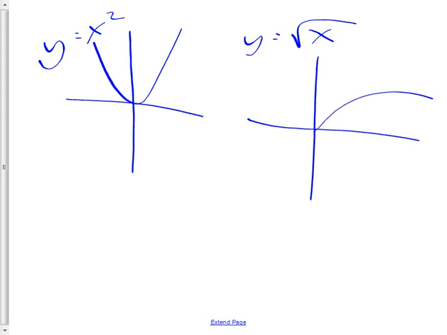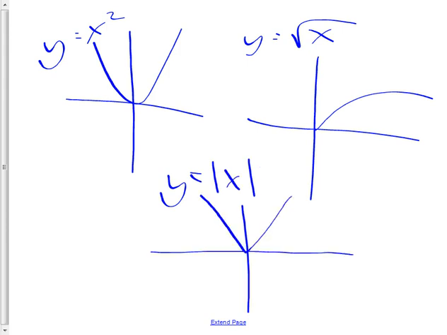And I also want you to know y equals absolute value of x, which is that one, the V shape. So I'm going to call them the V shape, the U shape. Those are pretty obvious. And this one I'm going to call the ramp. I don't have a better way of saying it. It just keeps going up and up and up. It's like a ramp or a hillside or I don't know.